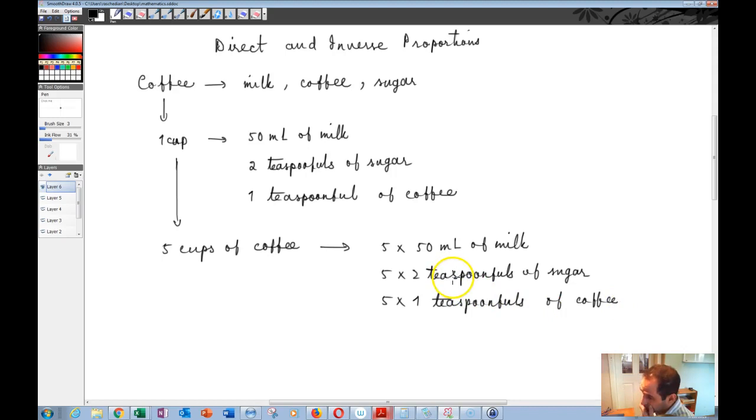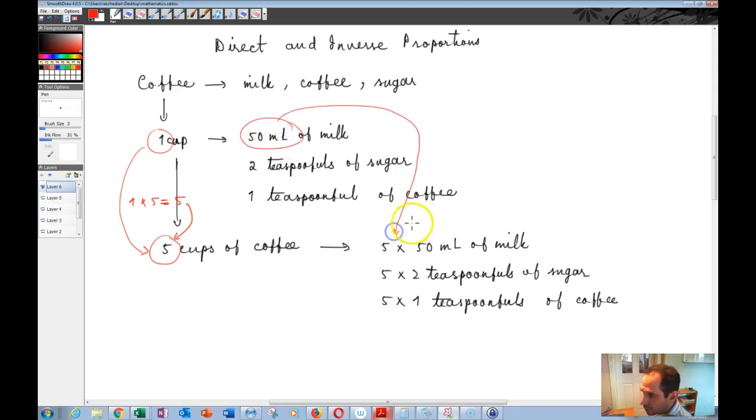So you see that the amount that we had here, 1 cup, was increased to 5 cups, meaning that I multiplied 1 times 5, which is equal to 5. And then 50 ml was translated to 5 times 50, 2 was translated to 5 times 2, and 1 was translated to 5 times 1.